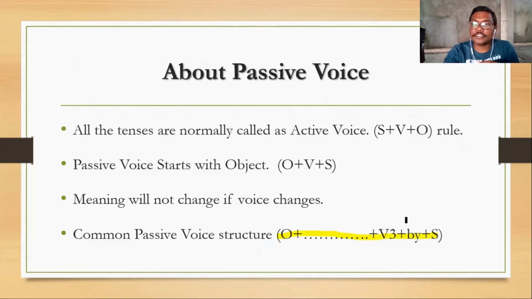What is that common structure? In all the passive voices, whatever we discuss, the object will be at the start, followed by some be forms or helping verbs. Only those be forms or helping verbs are going to change. The starting object is common, then V3 plus by plus subject. This is the common structure for all the passive voices. All the passive voices will have the same structure.